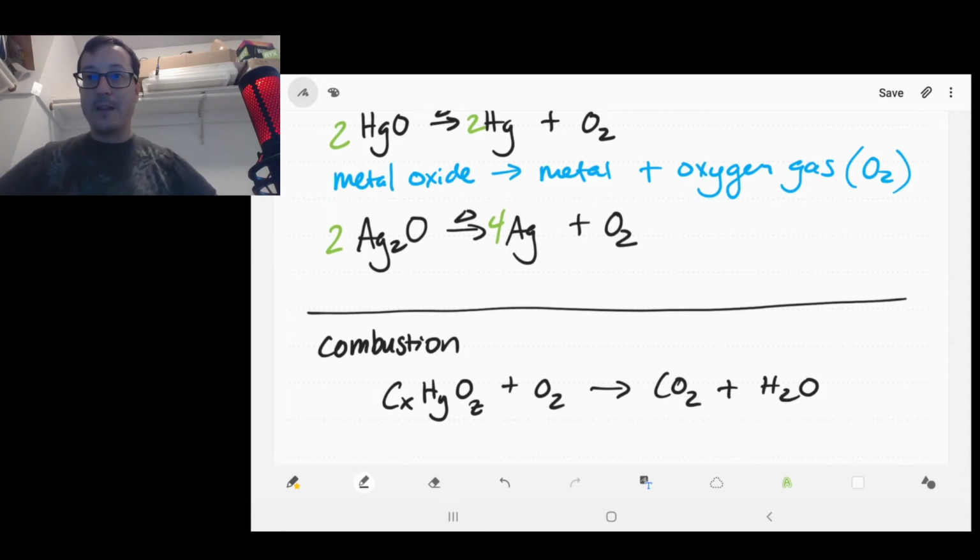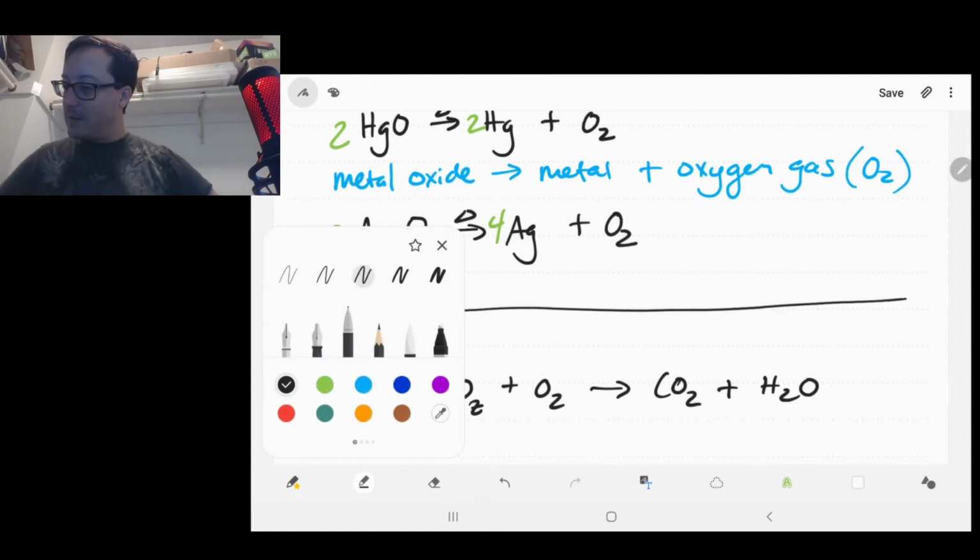So you could just have CxHy, and whatever, that's just a hydrocarbon. But sometimes you have oxygen with these as well. And these always have the same pattern. So you're always going to make CO2 and H2O. So if I ask you to predict the products of a combustion reaction, it's CO2 and H2O. It's always this pattern here.